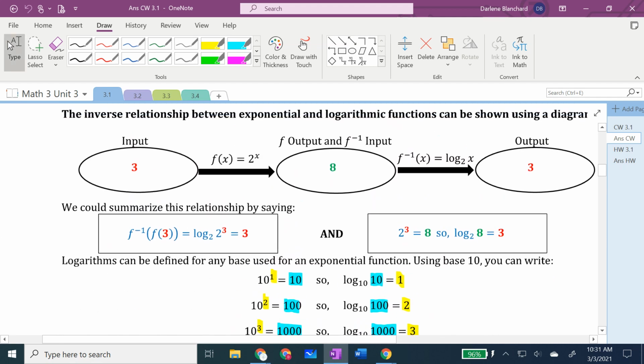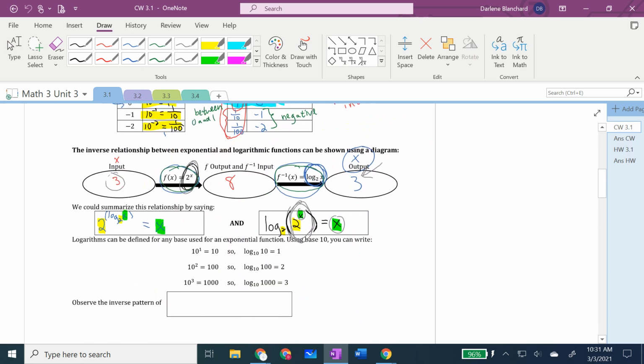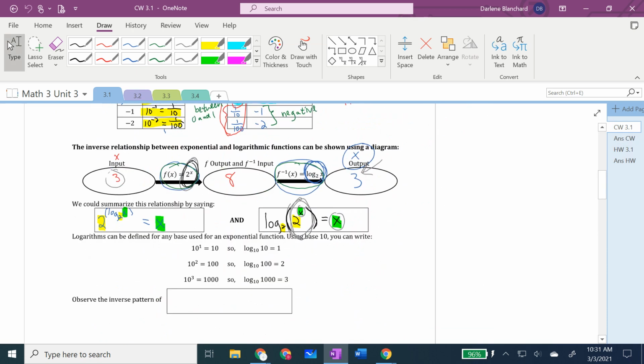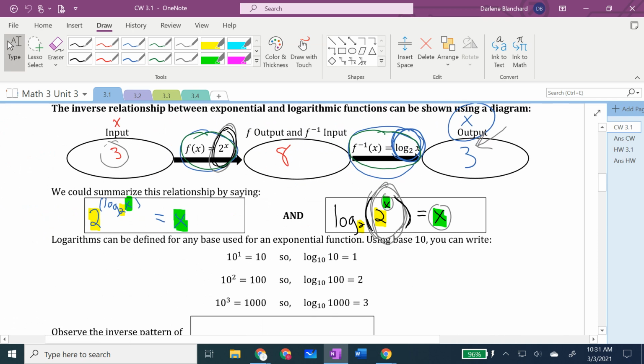Wait, did I write that as a general rule? I thought I had written that as a general rule. Okay. What we're primarily working with right now is this particular rule about the inverses.